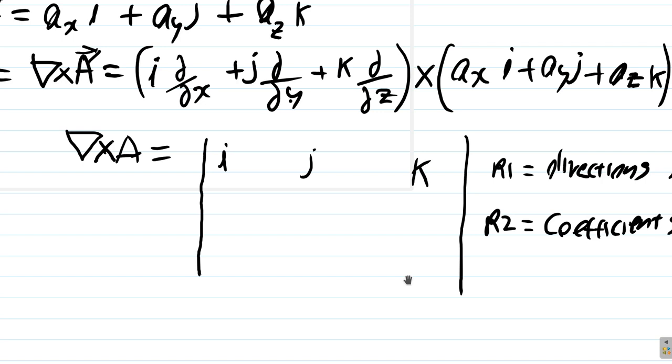If you say B cross A, then the coefficients in row 2 would be those from B. So for nabla cross A, the coefficients of i, j, and k would be partial with respect to x, partial with respect to y, partial with respect to z.